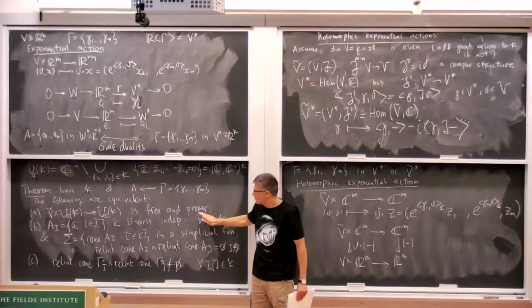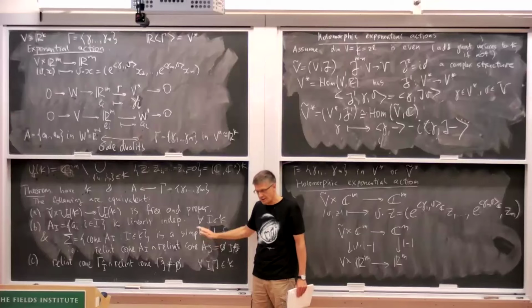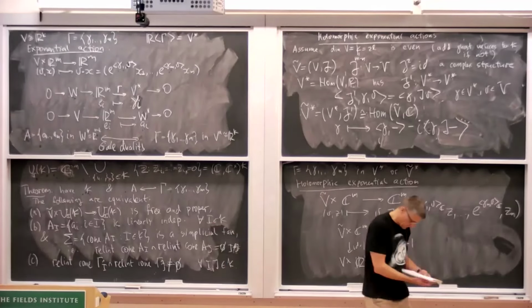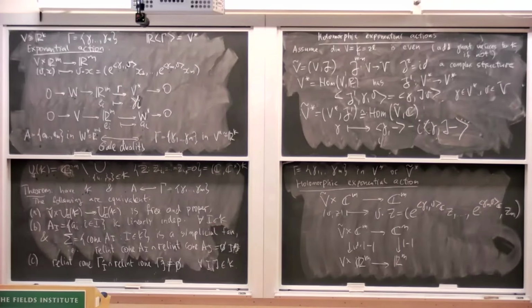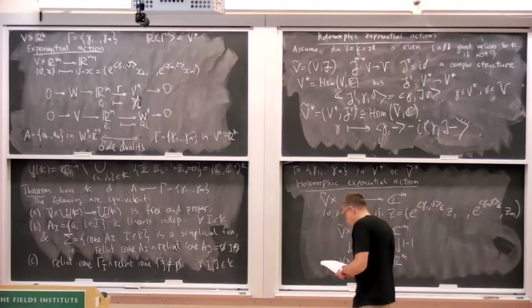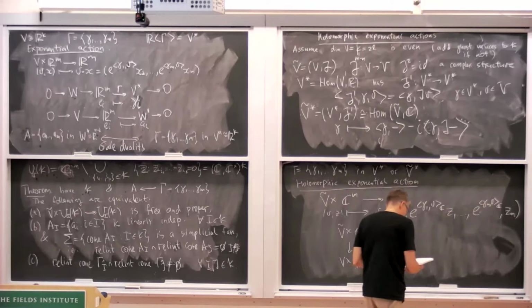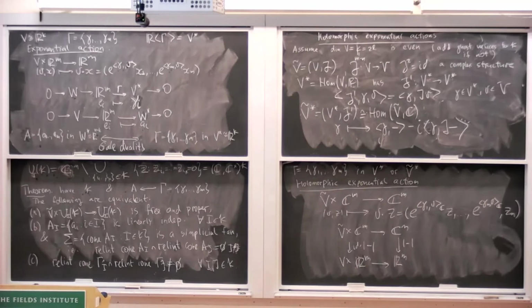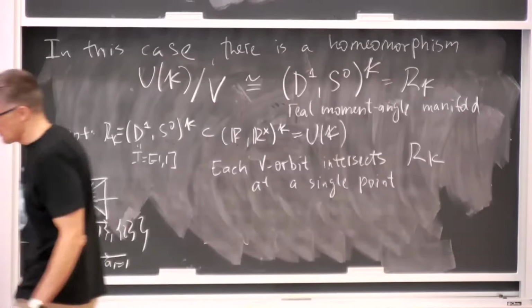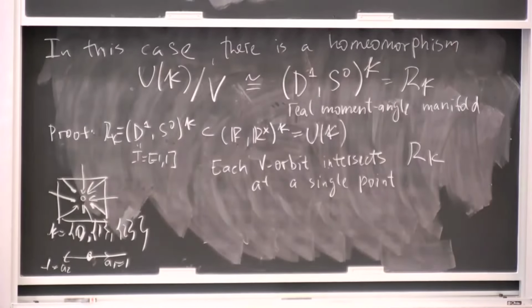You really need to show that this fan condition translates into the properness condition. You have to do things here to prove that. And you can say that the quotient is compact if and only if the fan is complete, and so on.